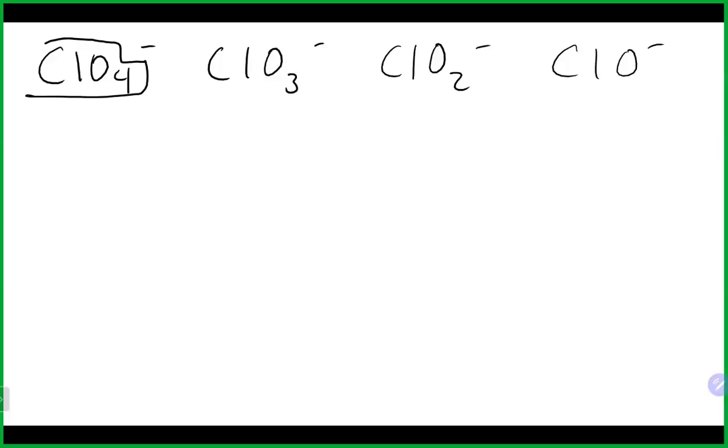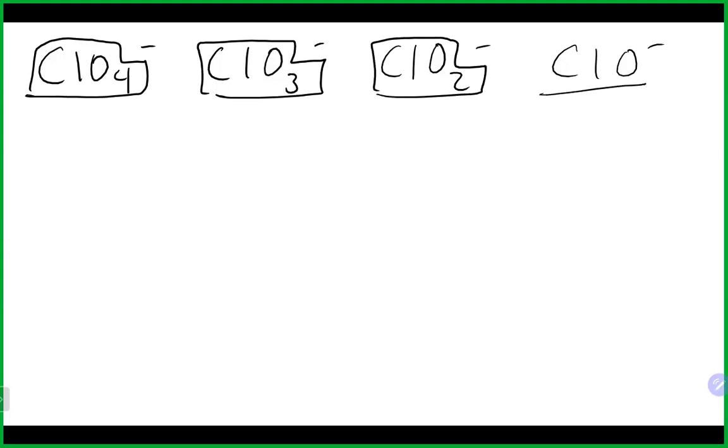Again, every single one of these has a -1 charge. All these guys stay together. The only difference here is the oxygen. So in this case, we don't have 2 of them that are related to each other. We have 4. So you can kind of split it in half.